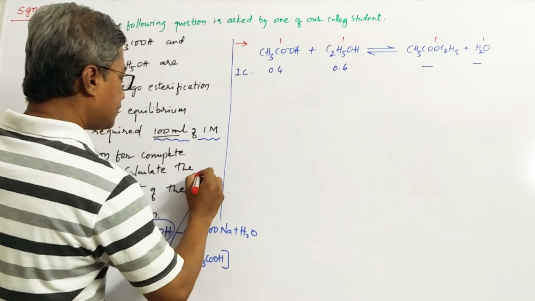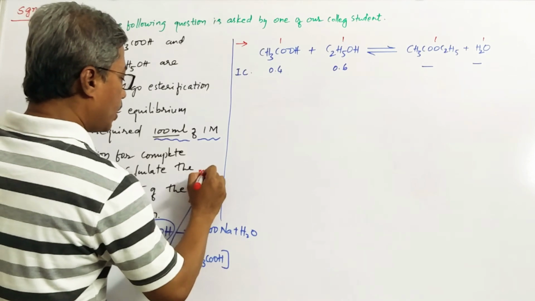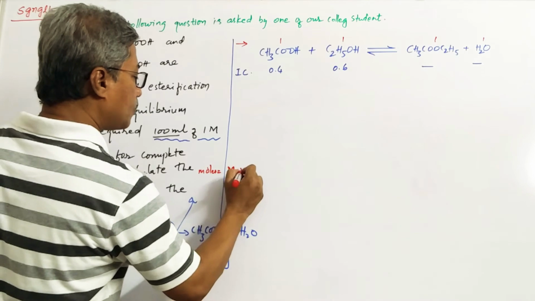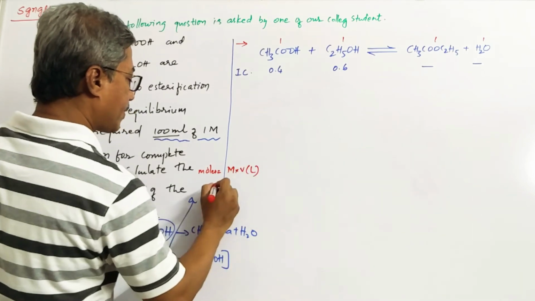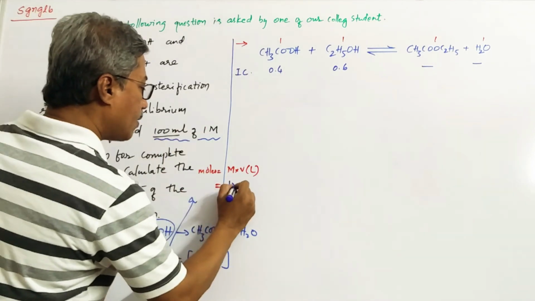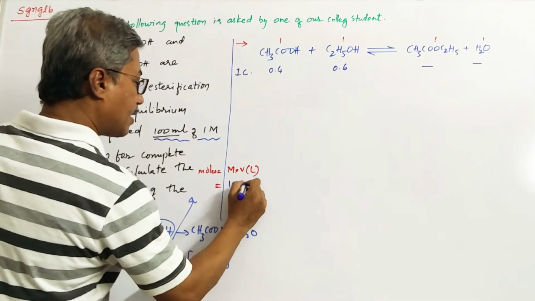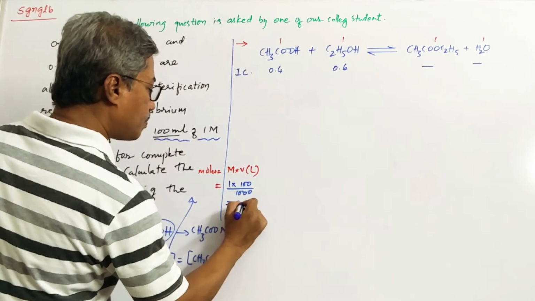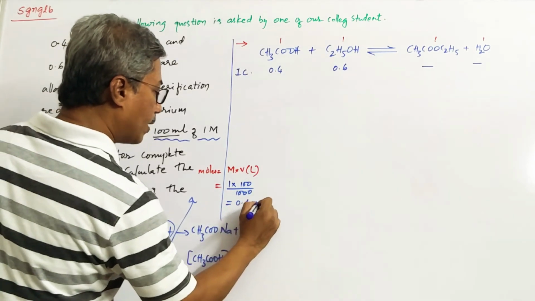We know that moles is equal to molarity into volume in liters. The number of moles of sodium hydroxide is given as molarity 1, volume 100 ml, but it should be in liters. Therefore, divided by 1000, it will be 0.1 mole.